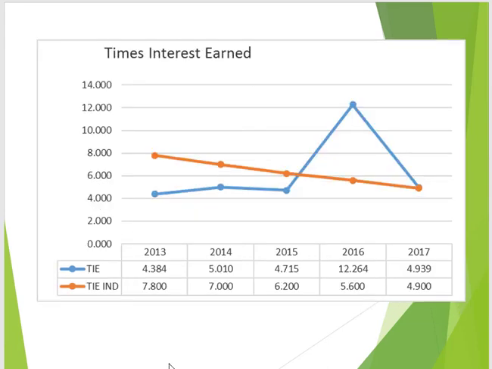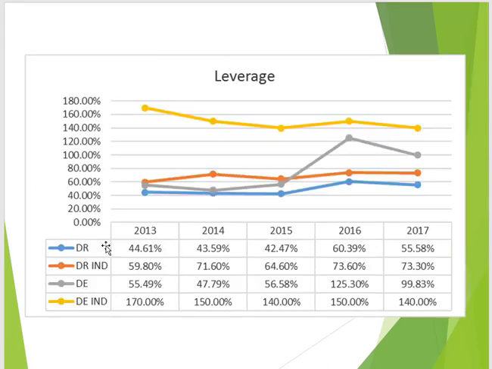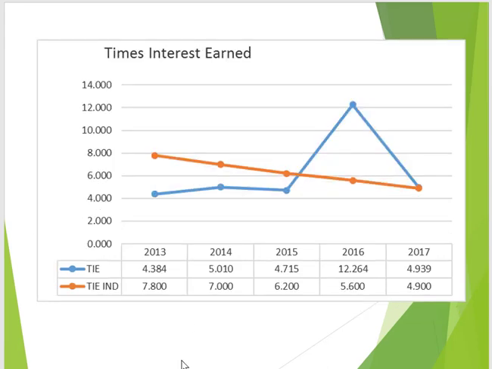Now to look at the other ratios, here we have the TIE ratio. Here's the TIE ratio. And you can see here, the industry is below and the company is blue. And you can see, except for this one year, we see that the industry has a very high TIE ratio here, but in general, it is lower almost across the board.